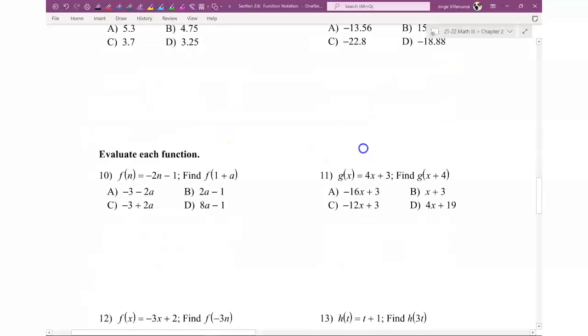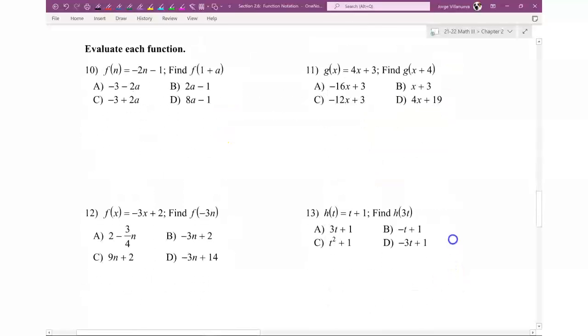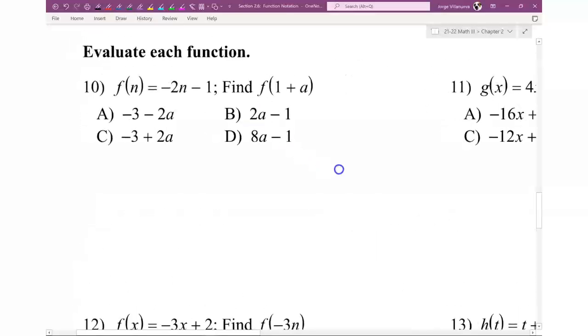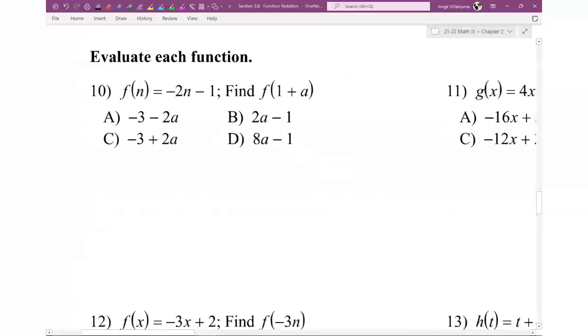Now, I did want to go to these. Let's do number 10. So they give me f of n equals negative 2n minus 1, and they say find f of 1 plus a.